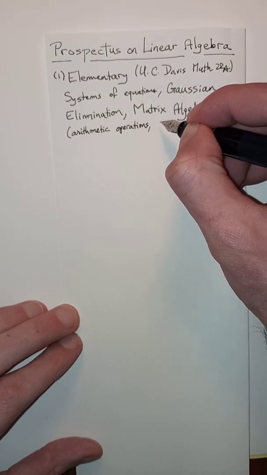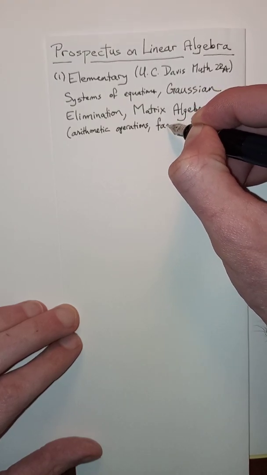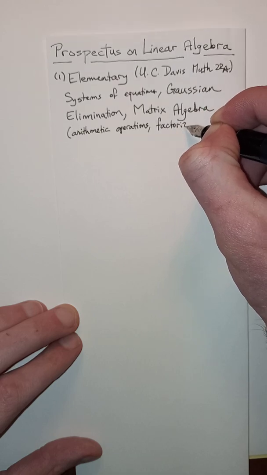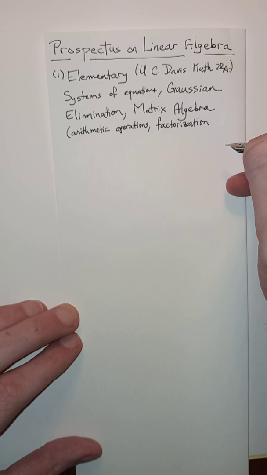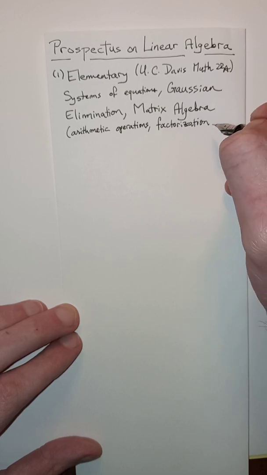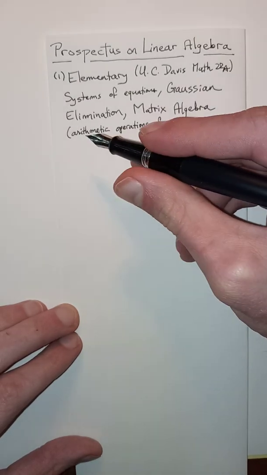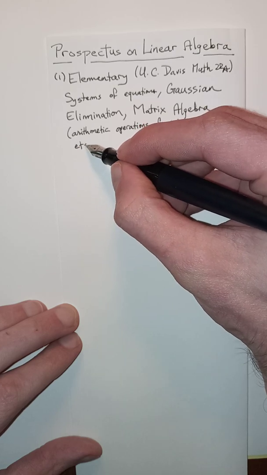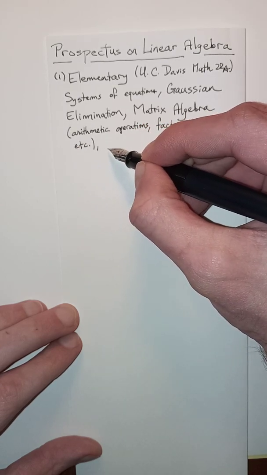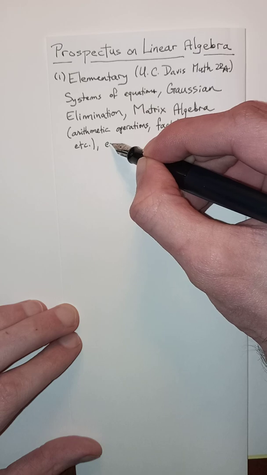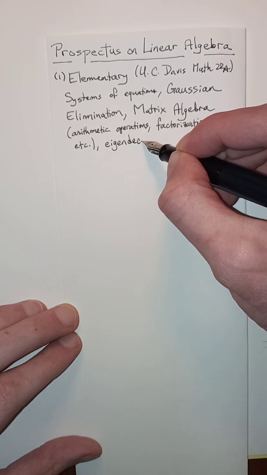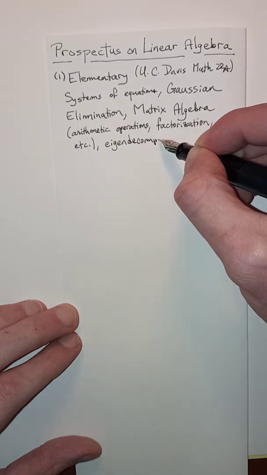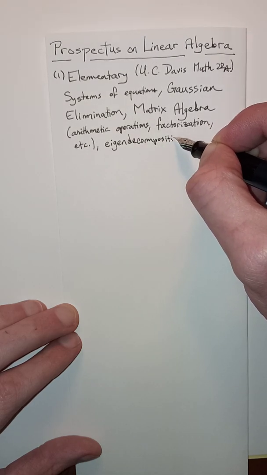And just as we would have factorization of an integer into primes, we'll have similar factorization schemes for matrices, and so forth. And this usually ends with the eigen decomposition, which is a particularly nice decomposition that lets us do calculations really quickly.